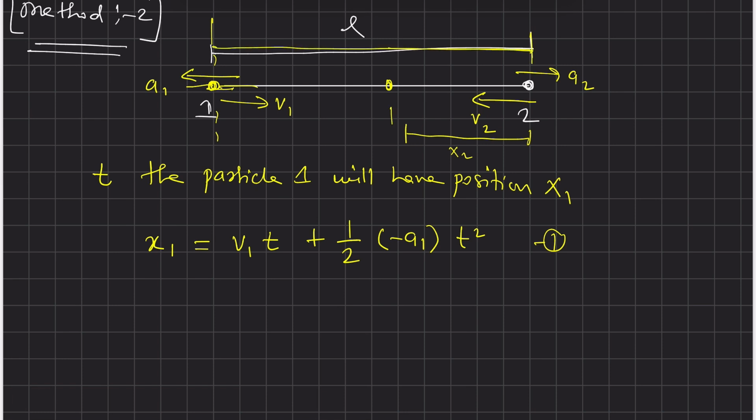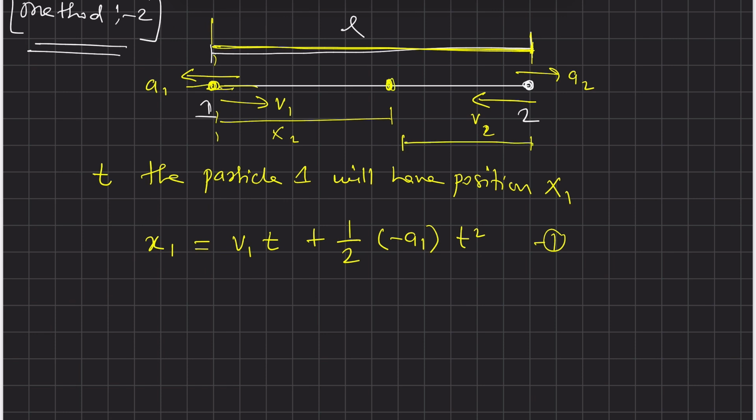So x2 will be, let me remove this case. Okay, so it will travel this much. Its position will be simply L minus whatever it has traveled. That would be the position of this particle.